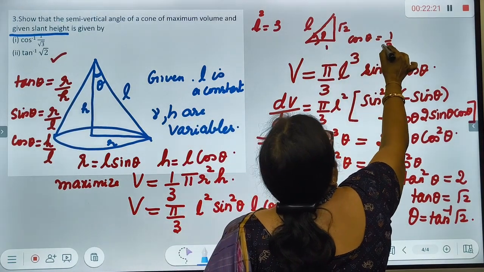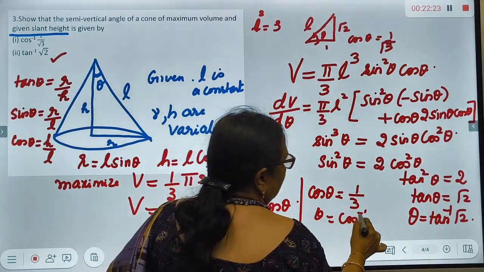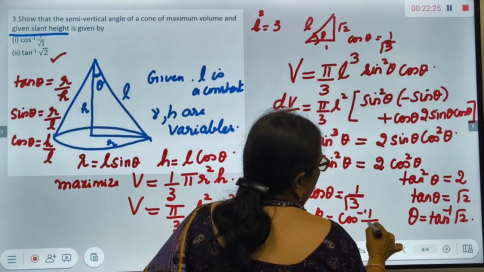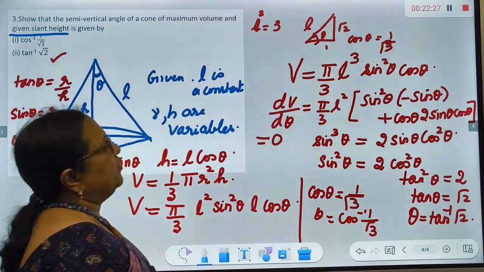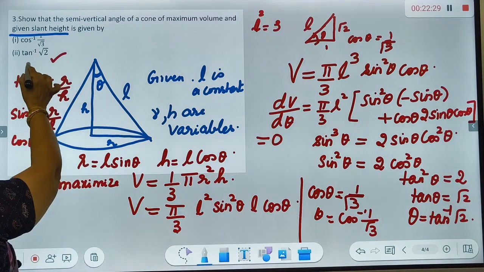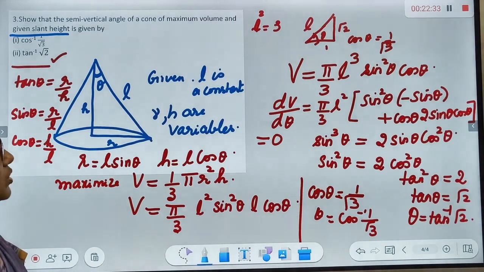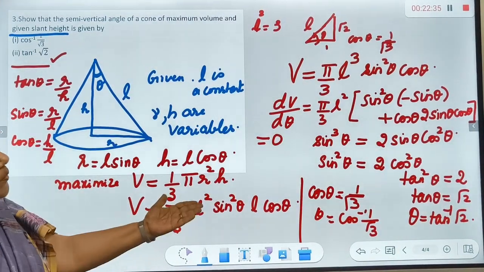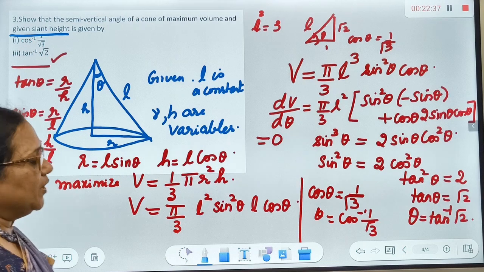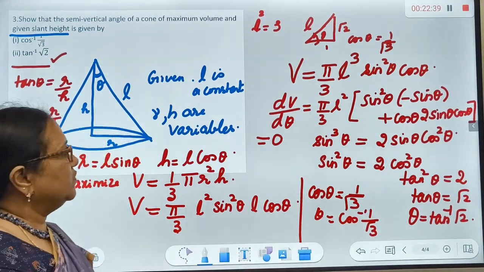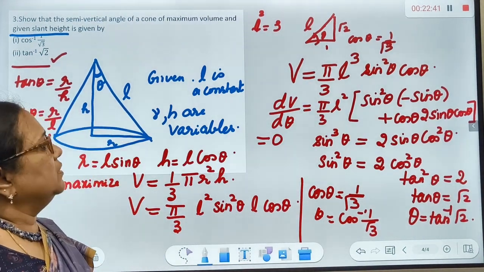So cos theta will be 1 by root 3. So theta will be cos inverse of 1 by root 3, which is what we wanted to prove. Tan theta is root 2, cos theta is 1 by root 3. If tan theta is root 2, automatically cos theta is 1 by root 3, which means theta is cos inverse of 1 by root 3.